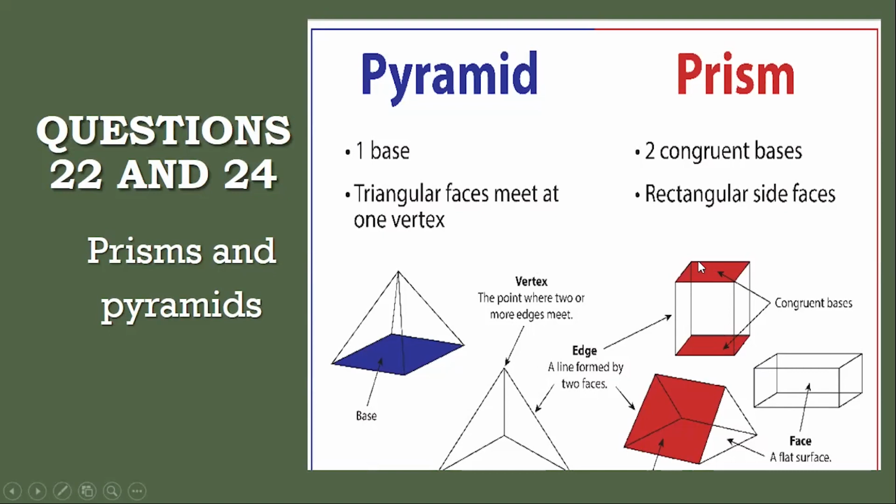So to discern, first make sure whether you can take your hand on the bottom and on the top, and they are the same, or can you only take your hand on the bottom, and the top will be a point. Look at the diagram that I put here.